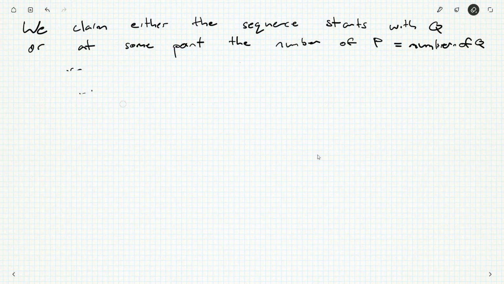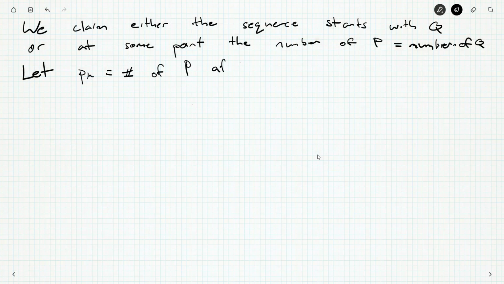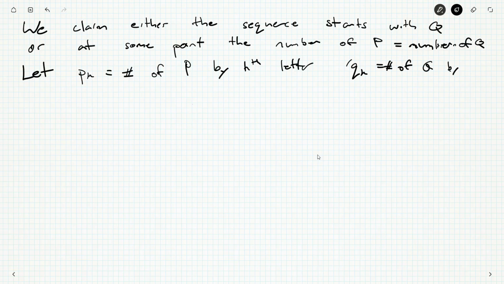I want to make myself exact, so I'm going to let PK be the number of P by the kth letter. And QK equal the number of Q's that we get by the kth letter.